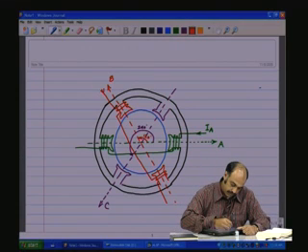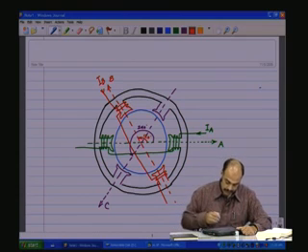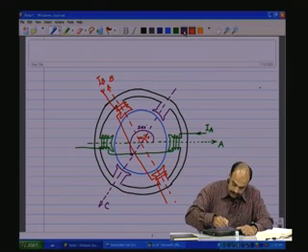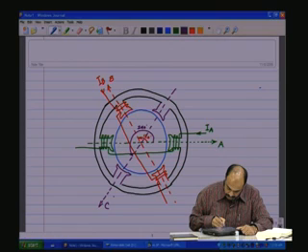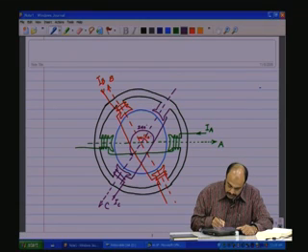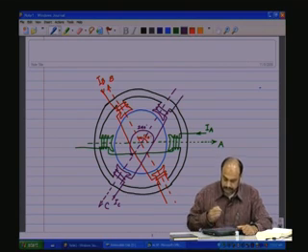So we have IB which will flow here, and then IC. So we will take IC which is going to flow like that, taken all through like this, and goes out.